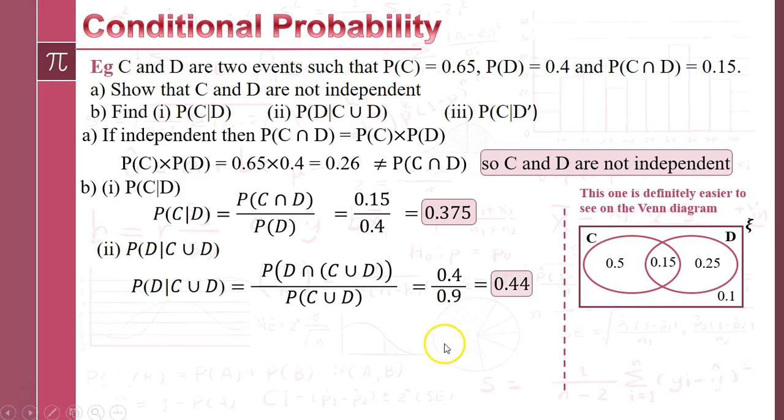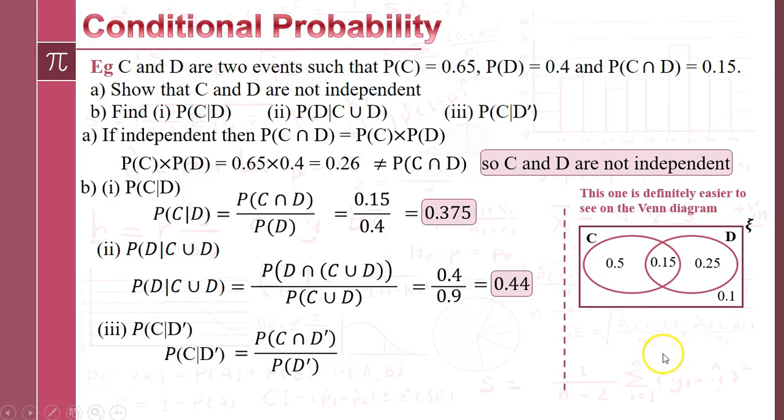And there we go. And finally, part C, we want the probability that it's in C given that it's not in D. So here we go, let's go for our formula first of all. We want C intersection not D over the probability of not D. Now I haven't shaded the Venn diagram, so let's have a look at what's going on.